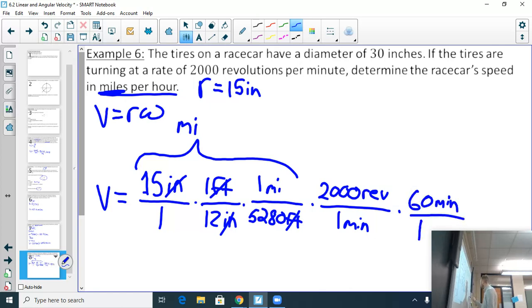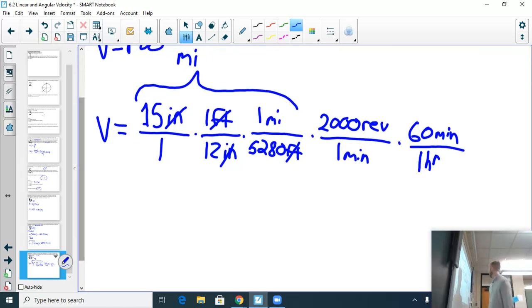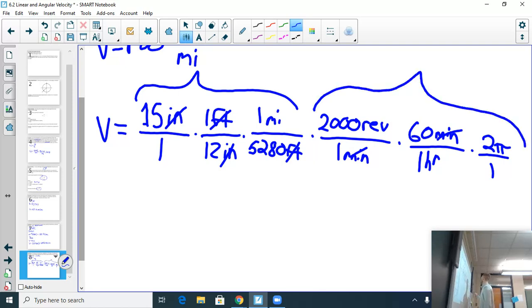Then we're in revolutions, but we need to be in radians, so we're going to multiply that by 2 pi radians per 1 revolution. This is our angular velocity, right?